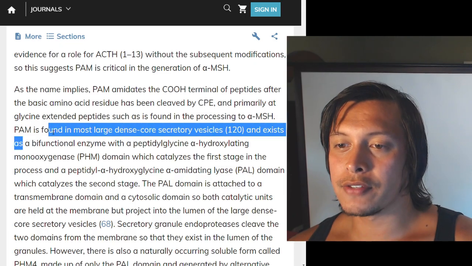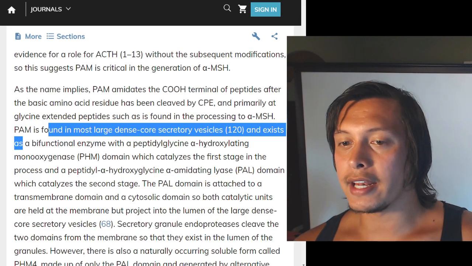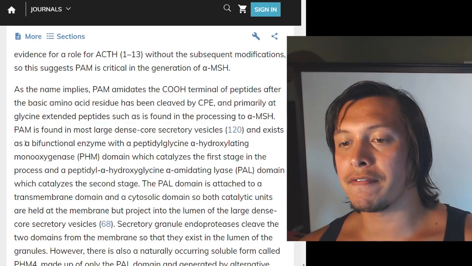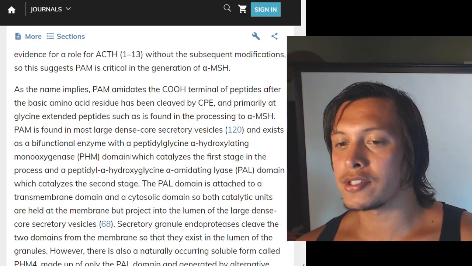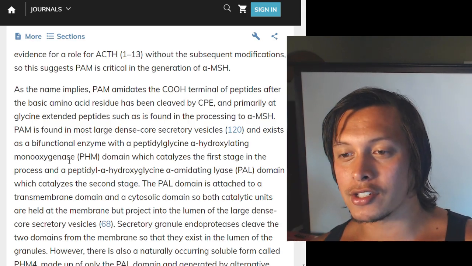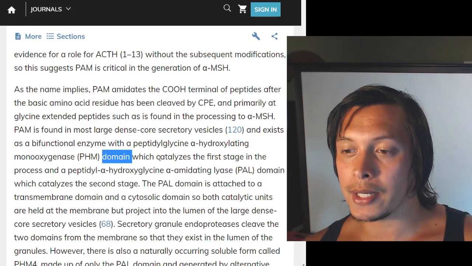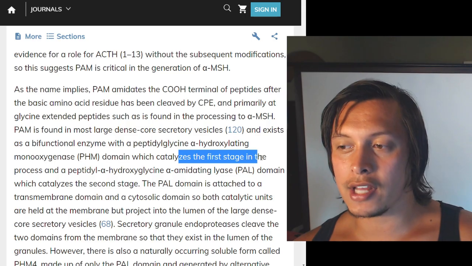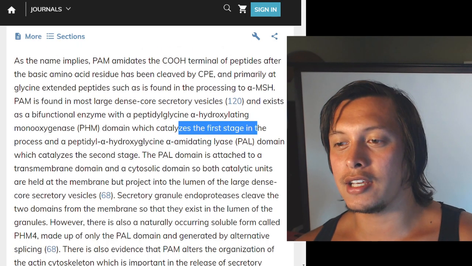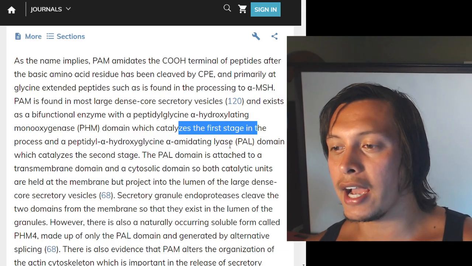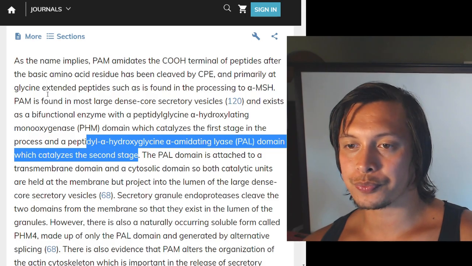PAM is found in most large, dense core secreted vesicles and exists as a bifunctional enzyme with a peptidoglycine alpha hydroxylating monooxygenase, also known as the PHM domain, which catalyzes the first stage in the process, and a peptidyl hydroxyglycine alpha amidating lyase domain, which catalyzes the second stage.